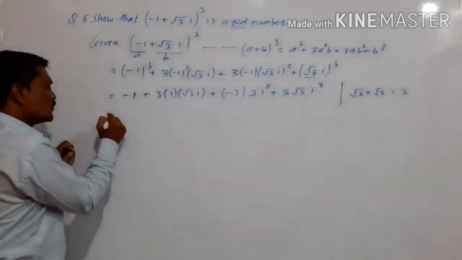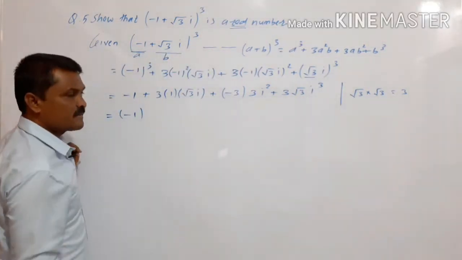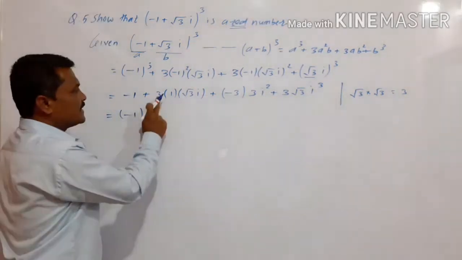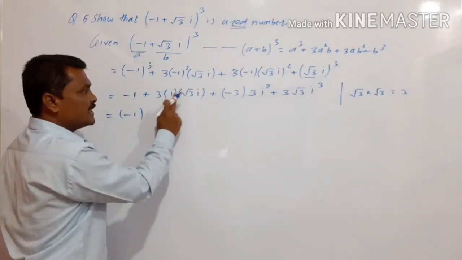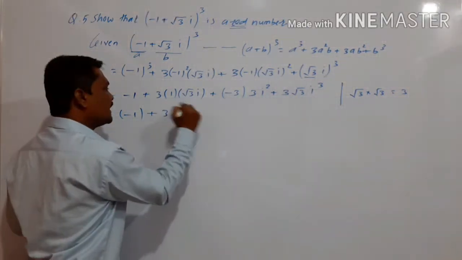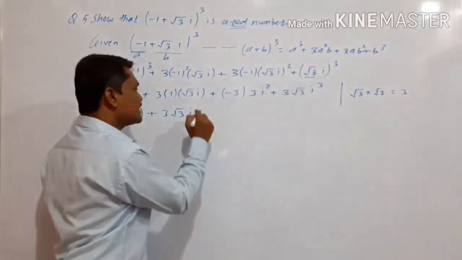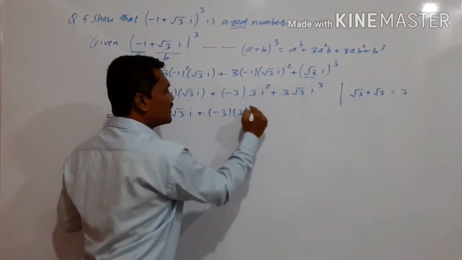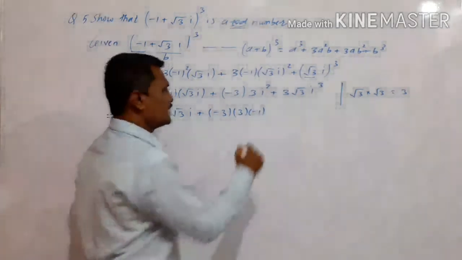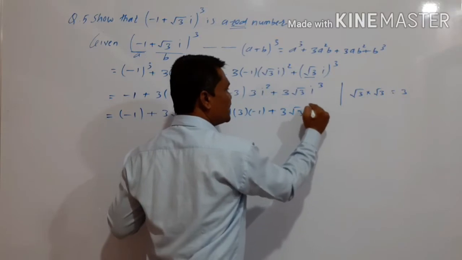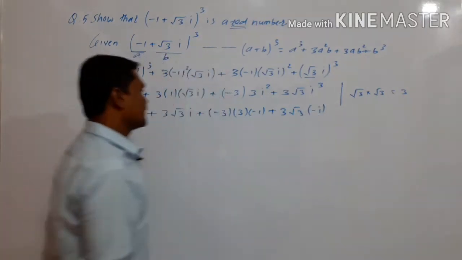Now we are going to put the values of i² and i³. -1 as it is, 3 into 1, that is 3 into √3i, which becomes 3√3i. -3 as it is, the value of i² is -1, plus 3√3 as it is, the value of i³ is -i.